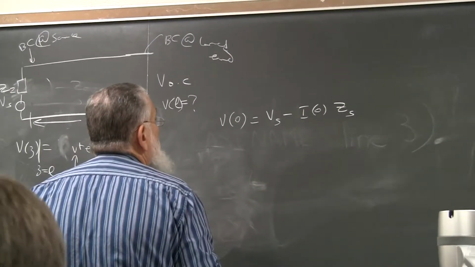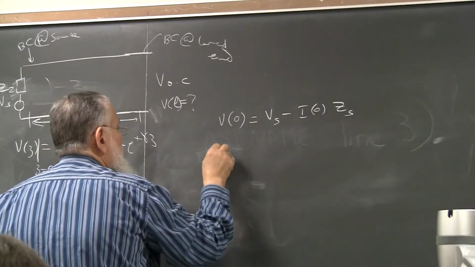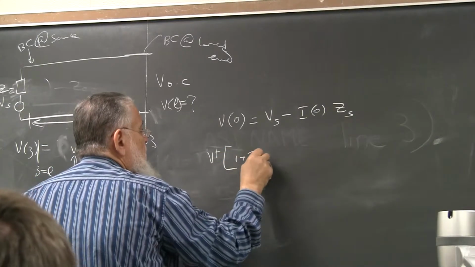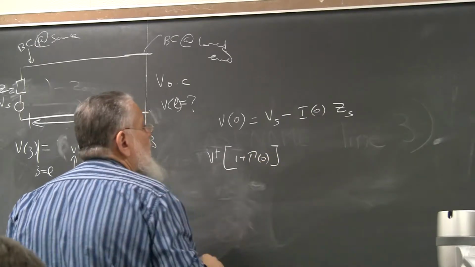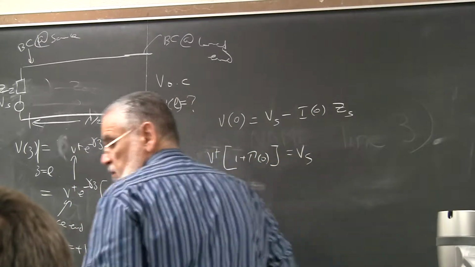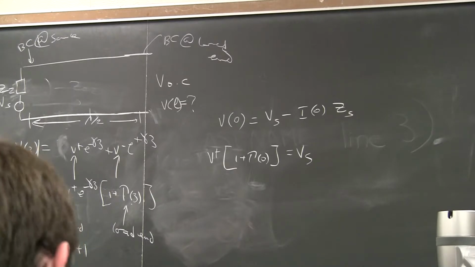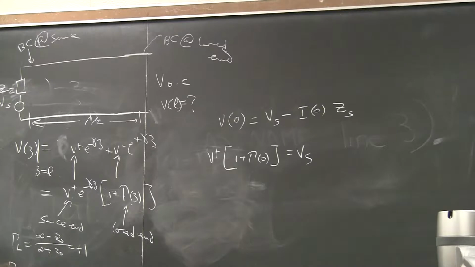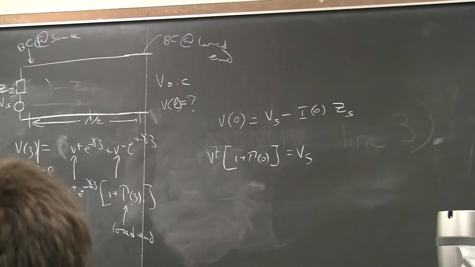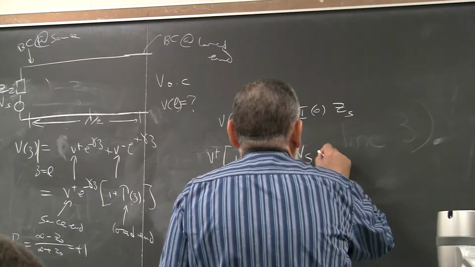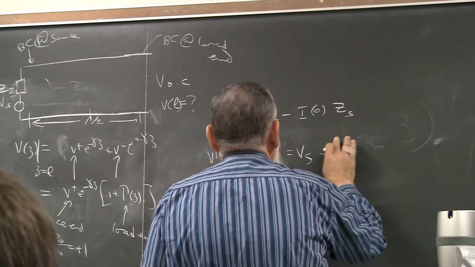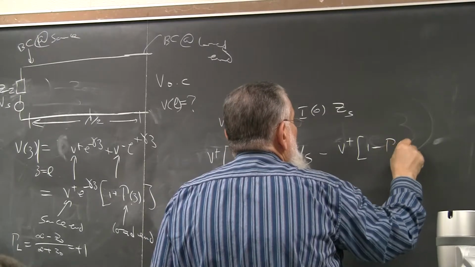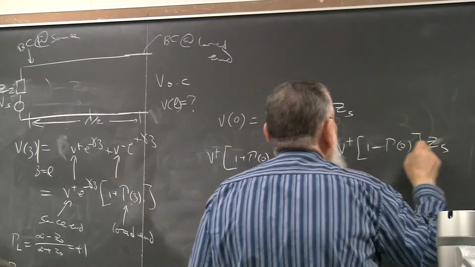And V of 0 is V plus times 1 plus gamma of 0, is equal to Vs minus I of 0, which is V plus times 1 minus gamma of 0, over Z naught, times Zs.